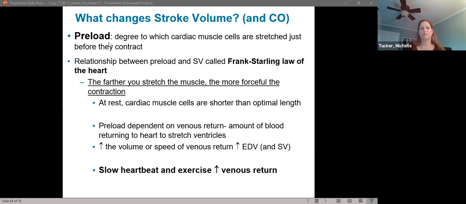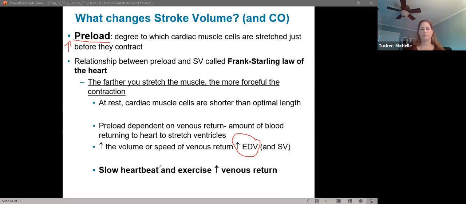So preload is the factor that affects end diastolic volume. You increase preload, you increase end diastolic volume, and increase cardiac output.